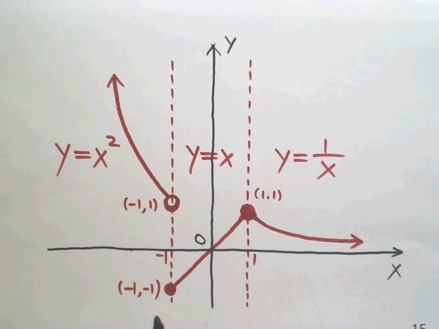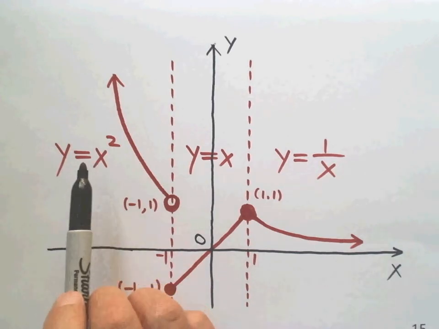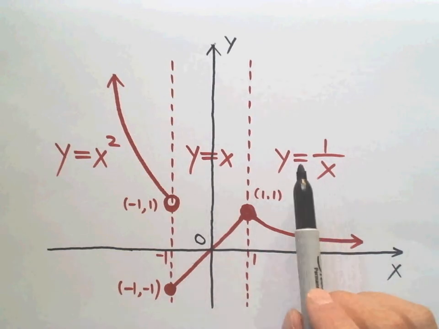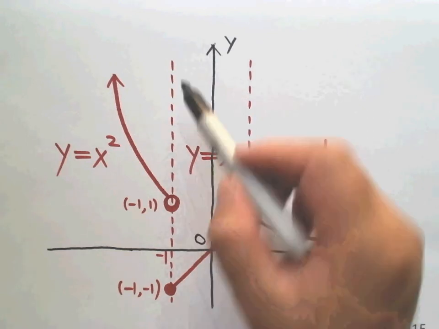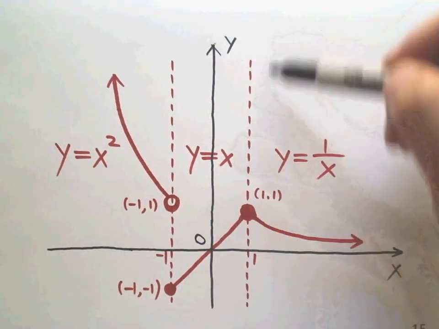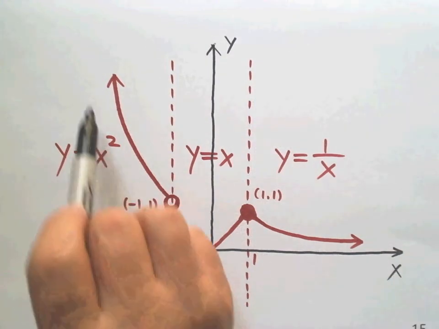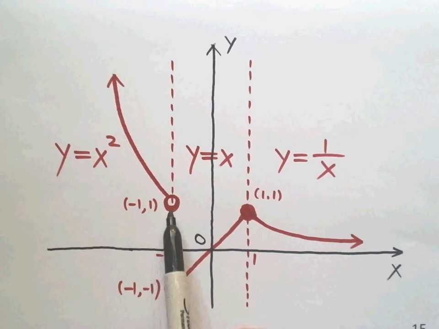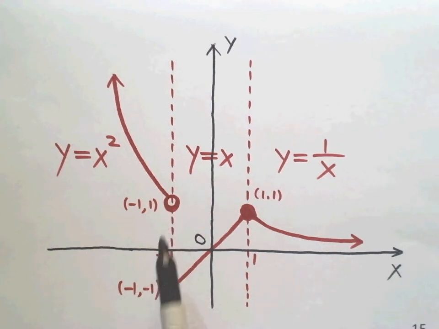I already sketched the graph here, so you can also sketch the same. The first piece is quadratic, the second piece is linear, and the third is reciprocal. This is the cutting line, and you draw each piece.